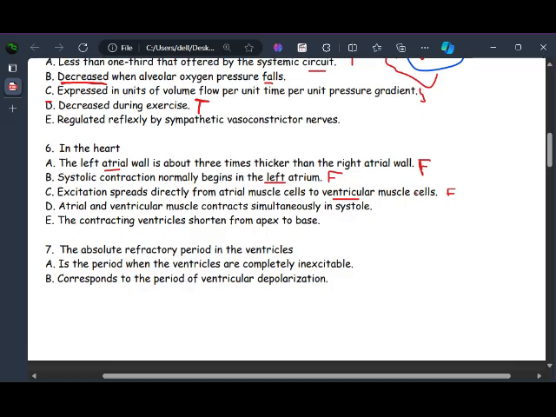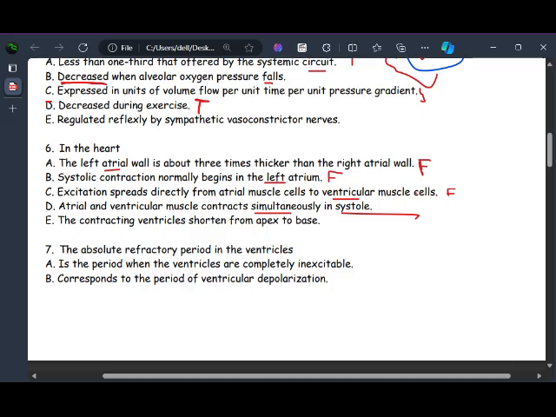Option D. Atrial and ventricular muscle contract simultaneously in systole. Simultaneously means at the same time. That is false because obviously the atria have to contract first so that they can push blood into the ventricles. For the ventricles to receive the blood, they have to be relaxed.